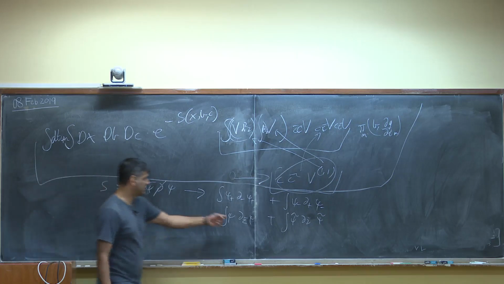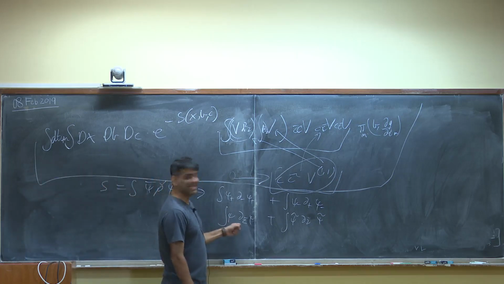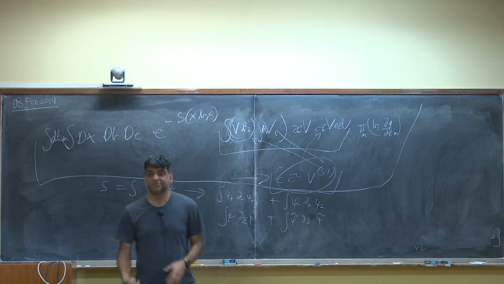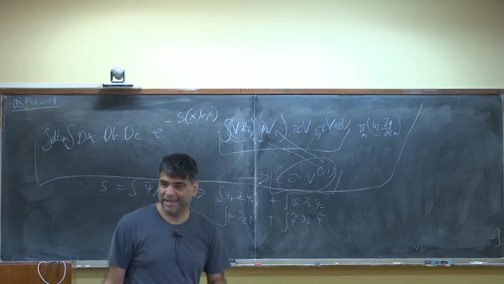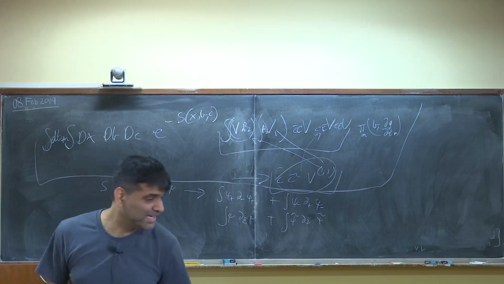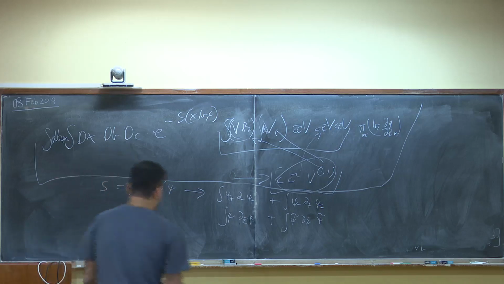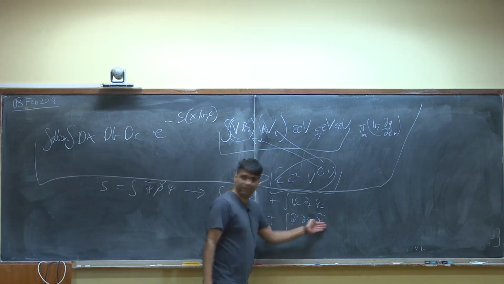The equation of motion for this field makes del z bar psi zero, so psi is a completely holomorphic field. The equation of motion for the other makes del z psi tilde zero, so it's completely anti-holomorphic.